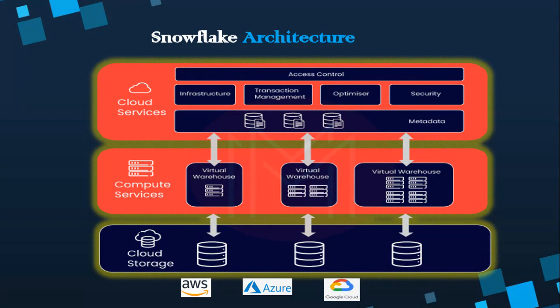So if you are executing metadata queries like count, minimum, maximum, or table information, show tables, that information will not be fetched from the cloud storage, it will be fetched from the metadata FDB, which means Foundation Database, Snowflake Foundation Database. It is an internal database in Snowflake, a small database where it will maintain all this metadata related information.